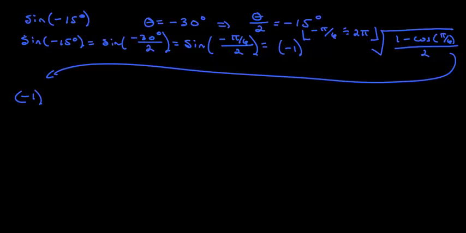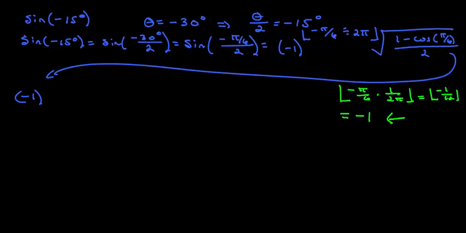Let's do that floor function out as a side note somewhere over here. So if you take the floor of negative 1/12, you get negative 1.